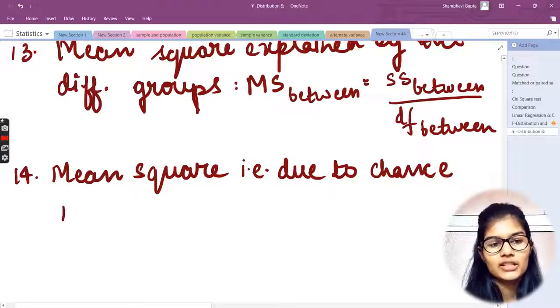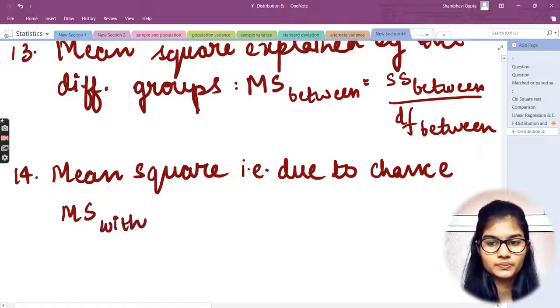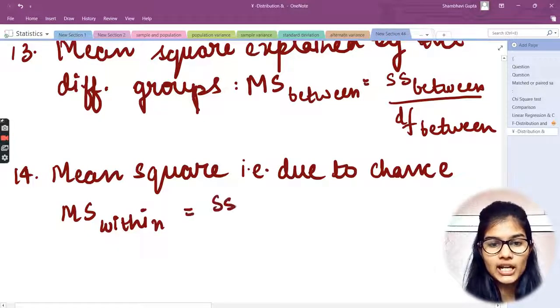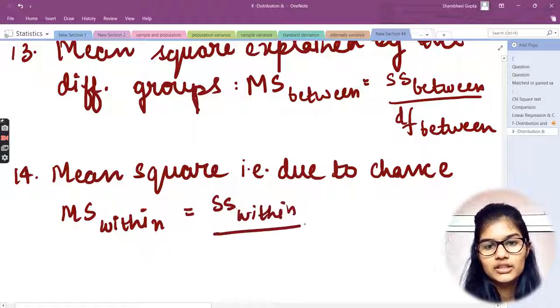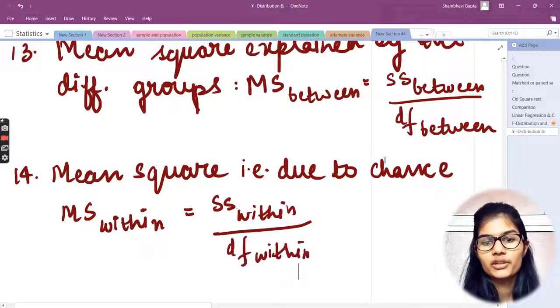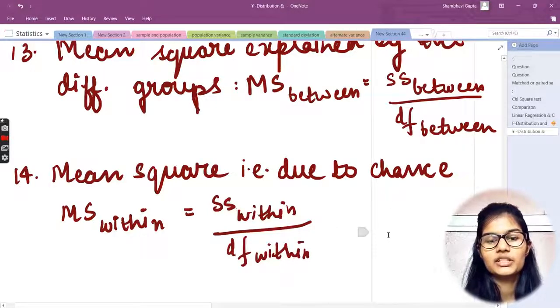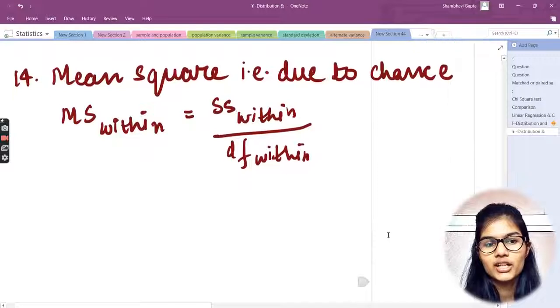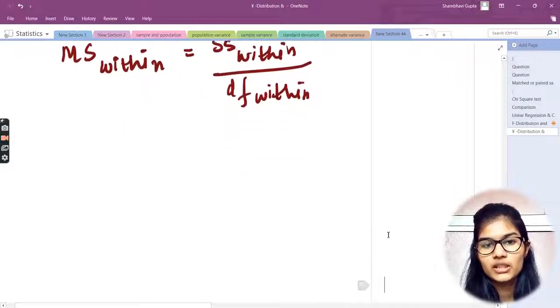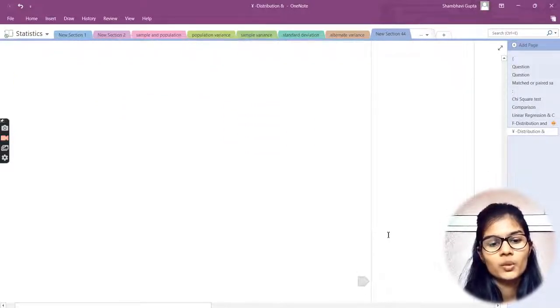Now here we have MS within, which is equal to SS within divided by DF within. So here as well we have the mean square due to chance, which is MS within equal to SS within upon DF within.